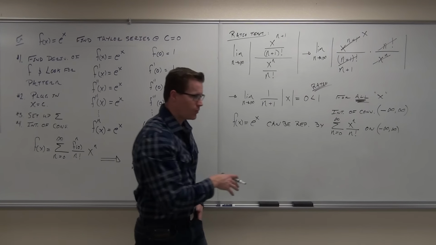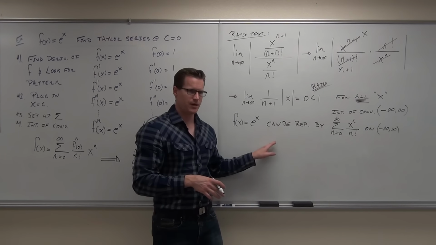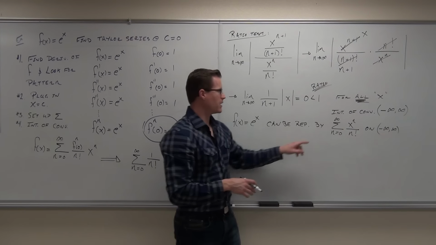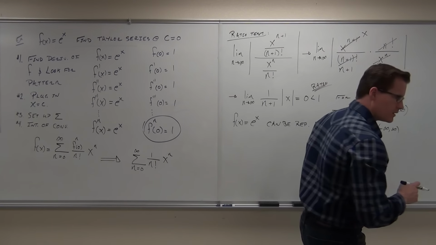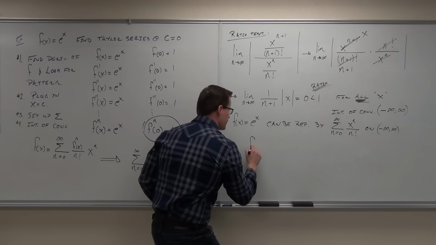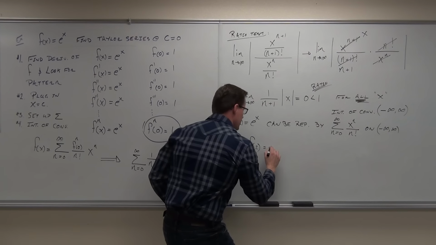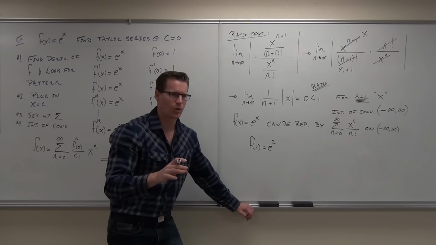What you can do now is use this to approximate this. For instance, if I wanted to find f of 2, that would be e to the second power. If I wanted to be as accurate as possible, I didn't need a calculator or whatever.